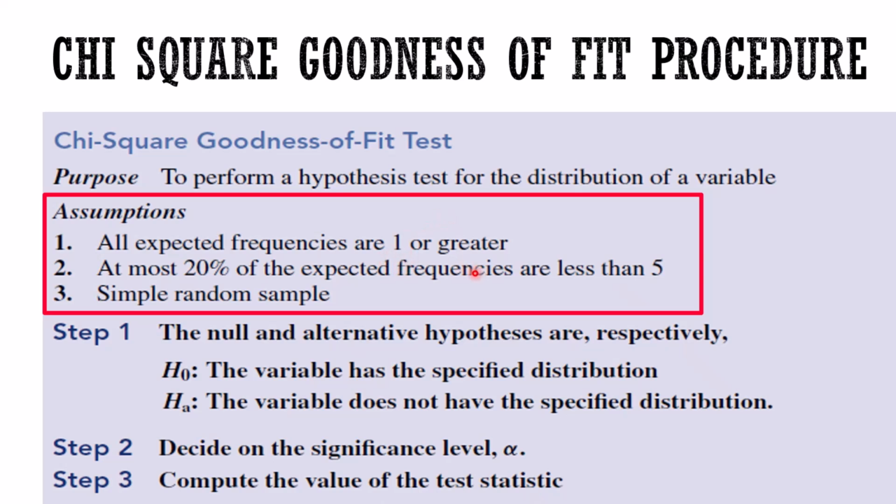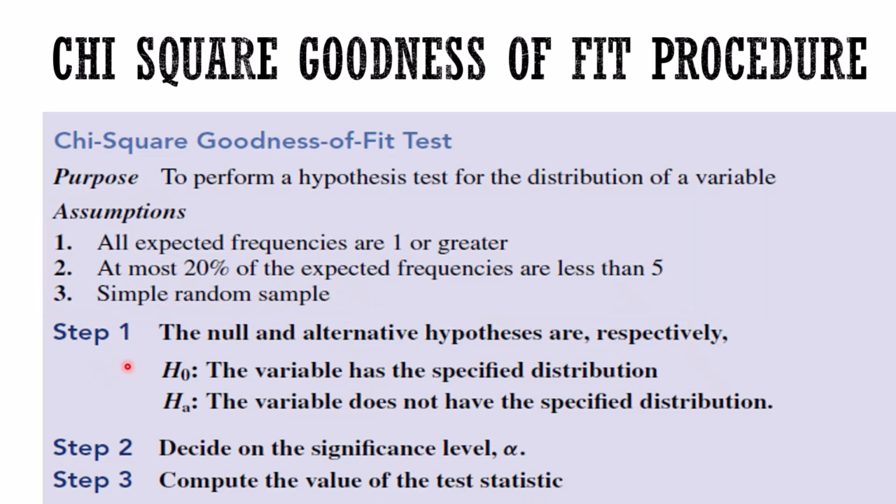Now, at most, 20% of the expected frequencies are less than 5. So if we have any expected frequency values that are less than 5, that means between 1 and 4 inclusive, then that should not be more than 20% of all the expected frequencies. And third, the data has to be from a simple random sample.